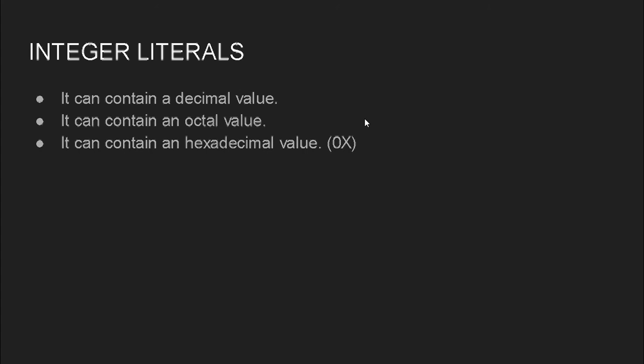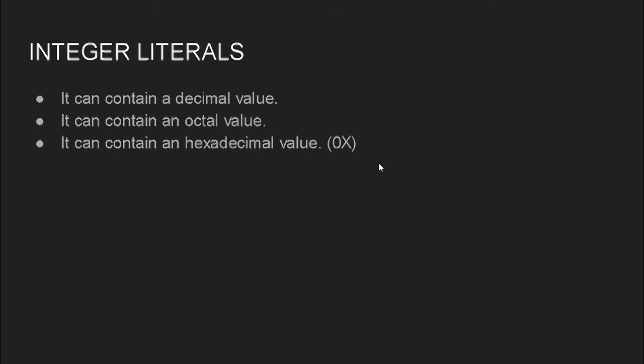As for a hexadecimal value, if you are storing it in an integer literal, then you need to write 0x, with a capital X, and after that you can write the hexadecimal value. We will look into this in more detail when I go to the IDE, IntelliJ IDEA.